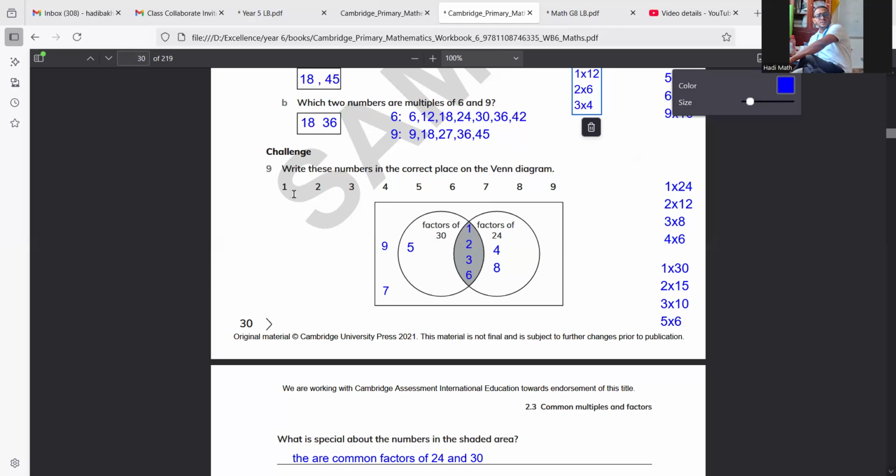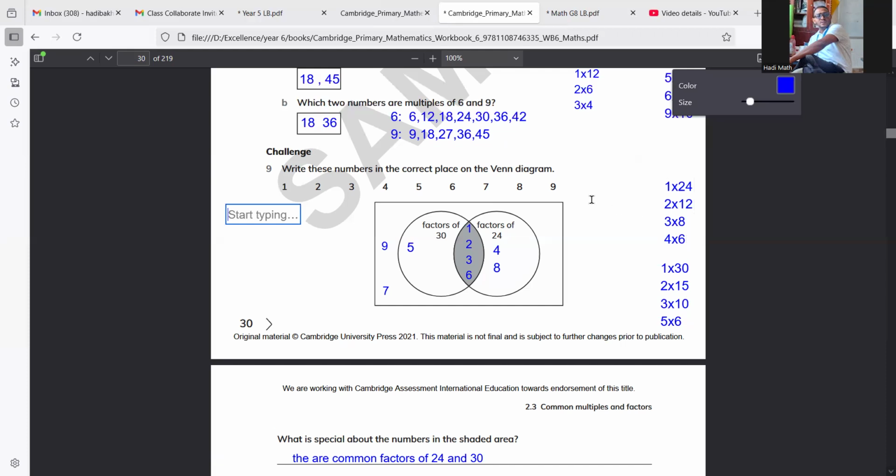Actually, I can just act in a very smart way and go find the factors of 24 and the factors of 30 myself. I see which numbers have a product of 24. 1 and 24, their product is 24. 2 and 12, their product is 24. 3 and 8, their product is 24. 4 and 6, their product is 24.